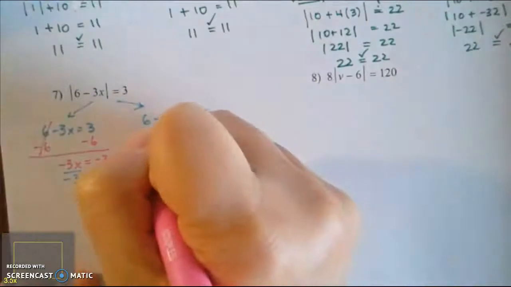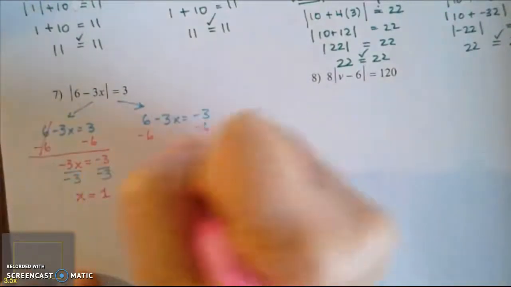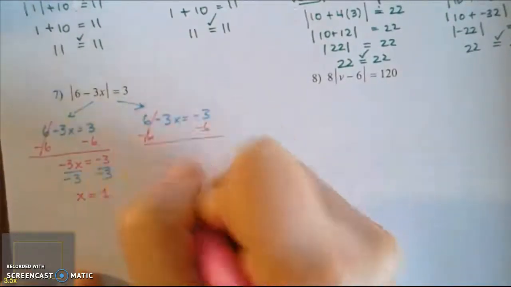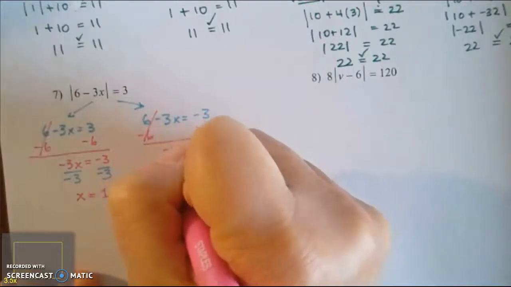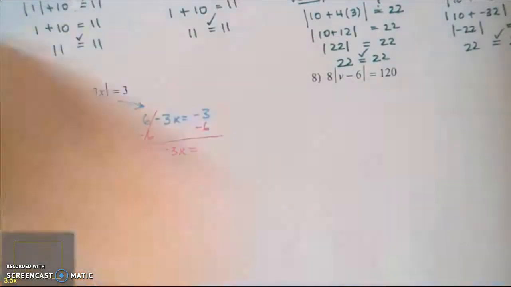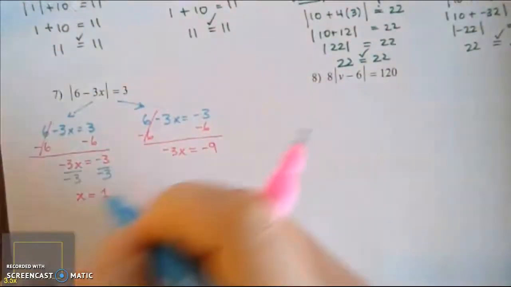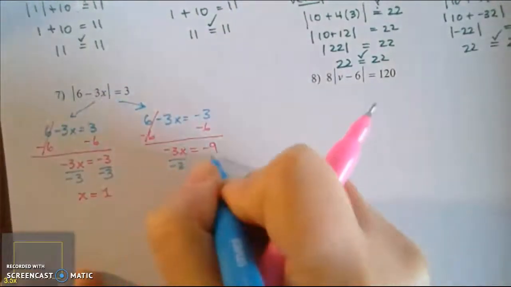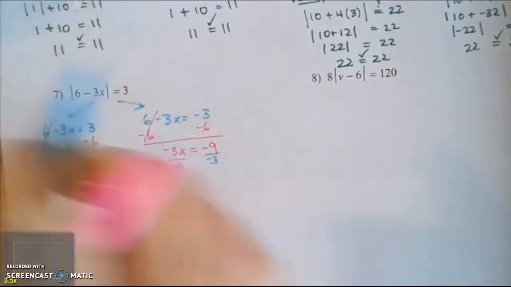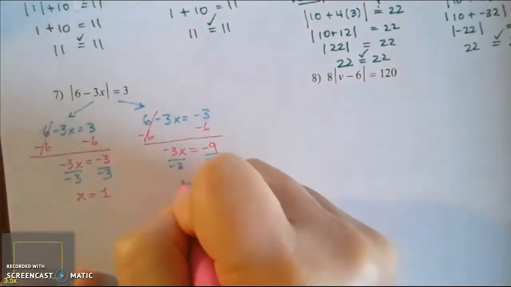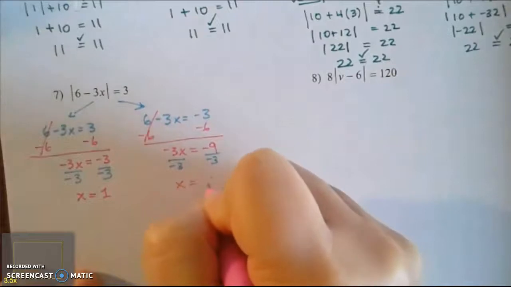The other side, I subtract 6 from both sides again. That goes away, and you're left with negative 3x is equal to negative 3 minus 6, which is negative 9. Then divide both sides by negative 3, and I am left with x is equal to negative 9 divided by negative 3, which is positive 3.